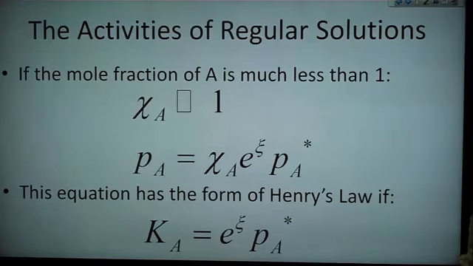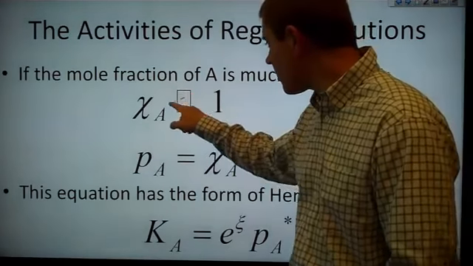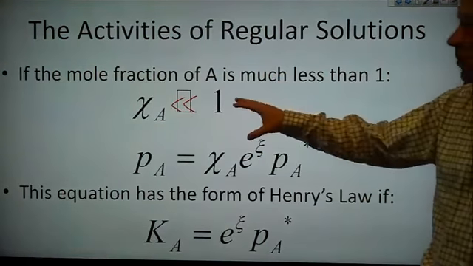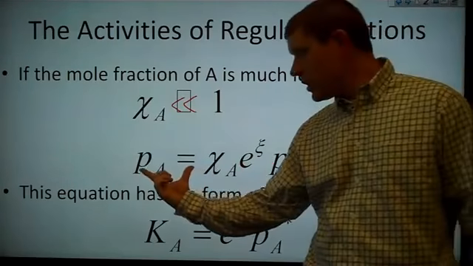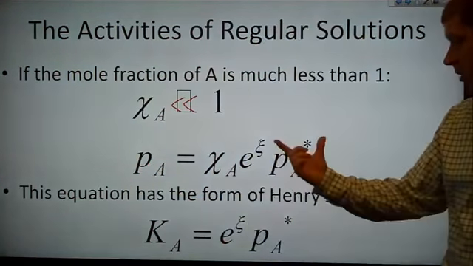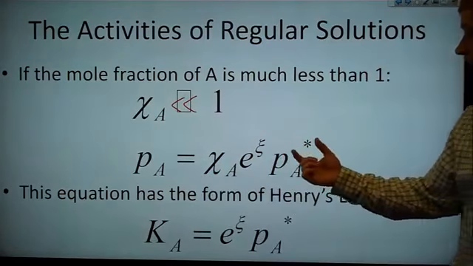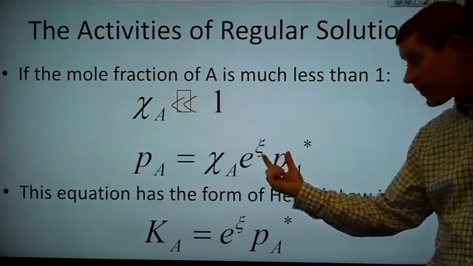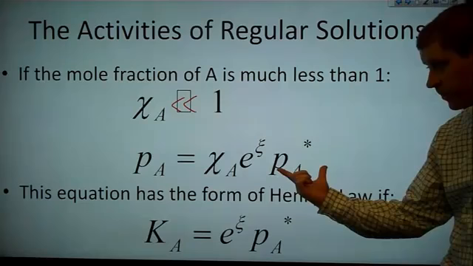If the mole fraction of A is much less than 1, this box should be a much less than sign, then we can say that the vapor pressure of A is equal to chi A, the mole fraction of A, times e to the xi, times the vapor pressure of A while it's pure.